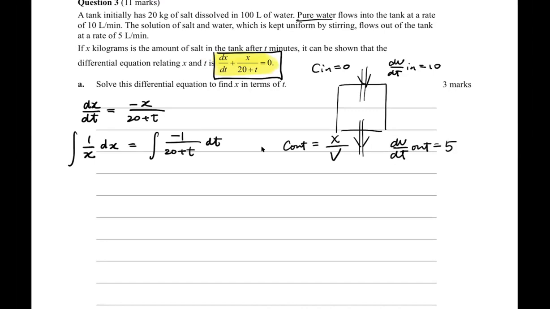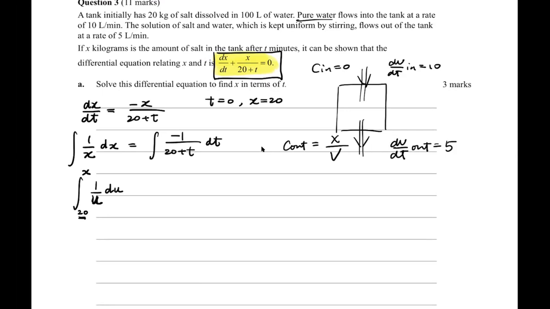So change the letter x to u and make it du here. So your initial amount of salt is t equals 0, x equals 20. I will put the 20 here and an x here, from a known x value to an unknown letter x.